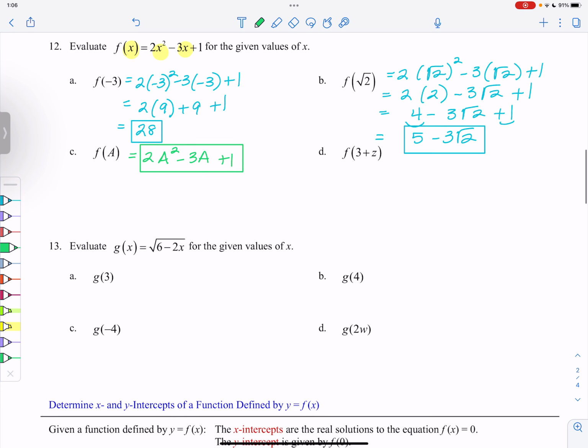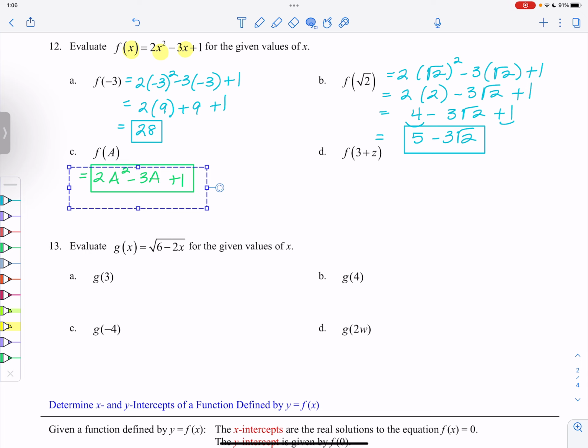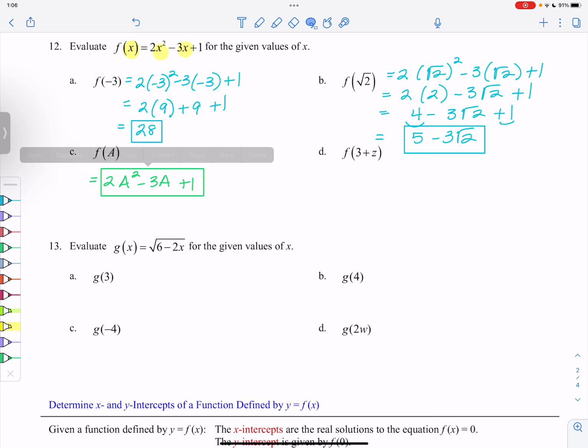Looking at D, and in part D, we have everywhere there's an x, we're going to write 3 plus z. So we have 2 times 3 plus z squared minus 3 times 3 plus z plus 1.